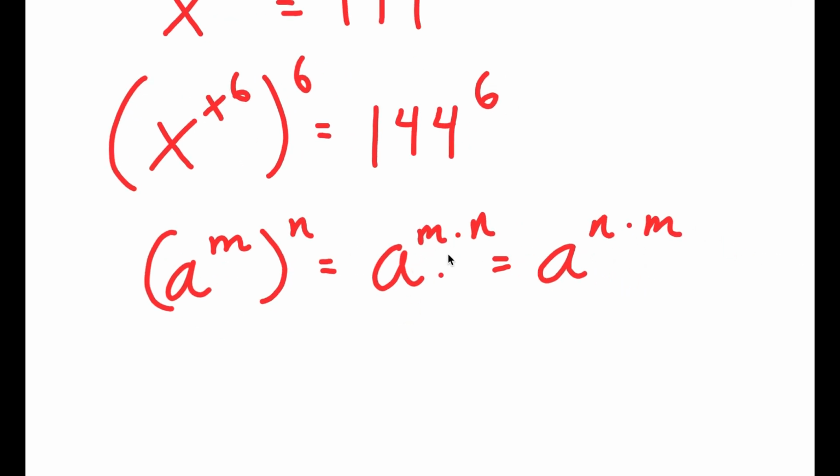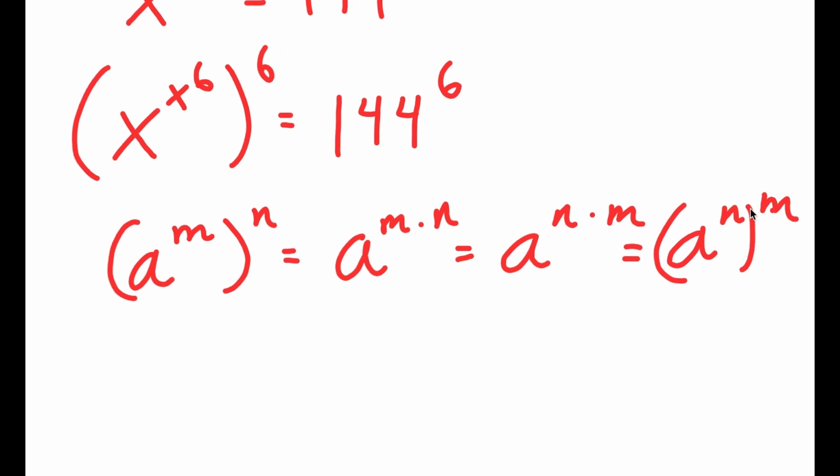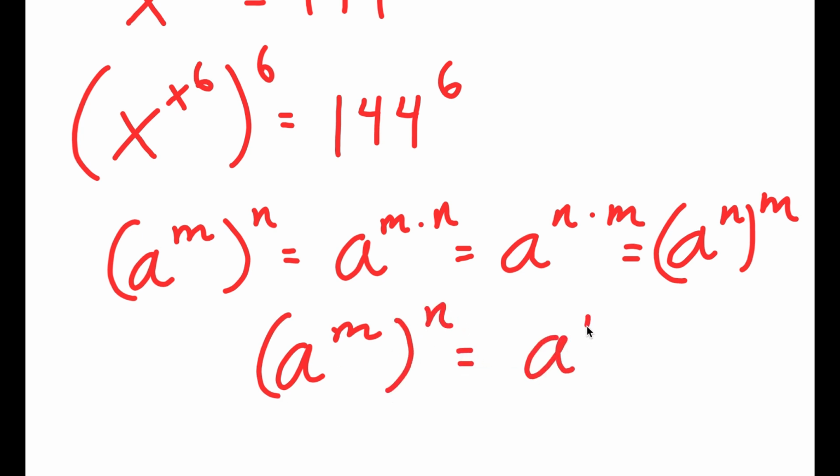So if a to the power of m times n is equal to a to the power of m to the power of n, then a to the power of n times m should equal a to the power of n to the power of m. So because all of these are equal to each other, in simpler terms, a to the power of m to the power of n is the same thing as a to the power of n to the power of m.